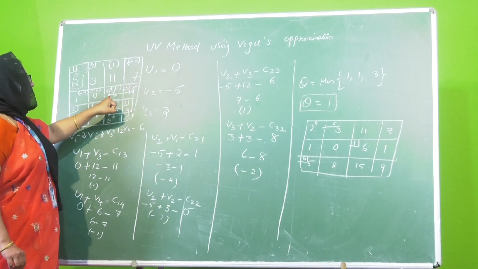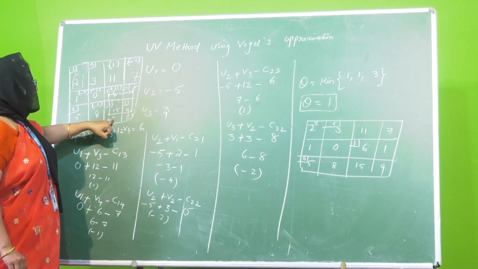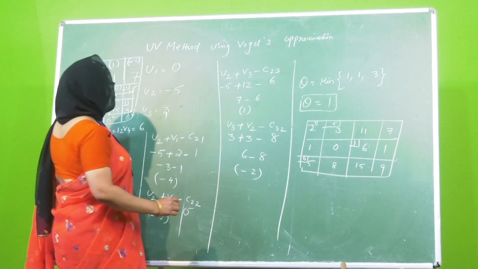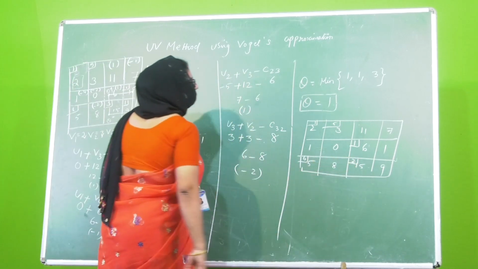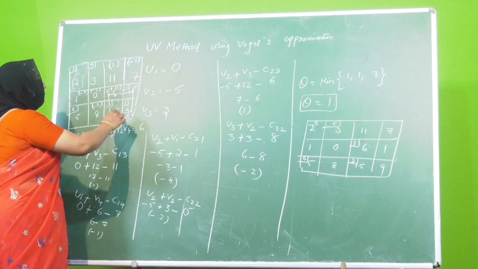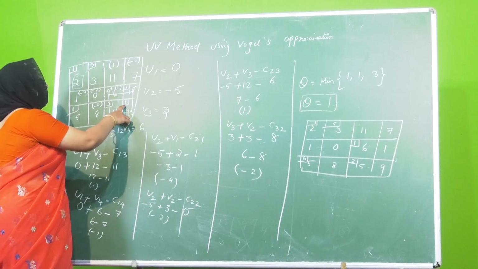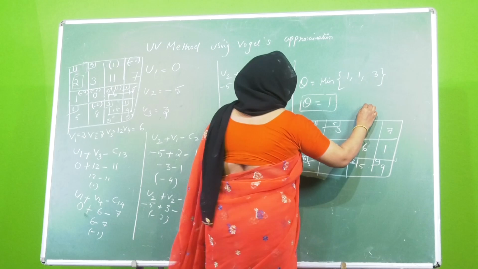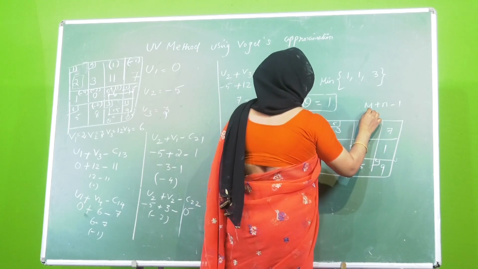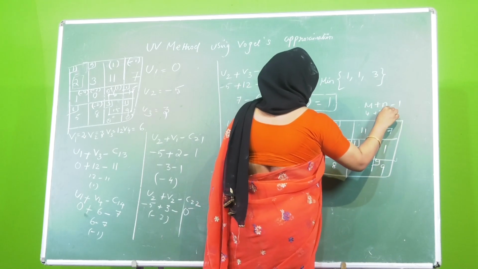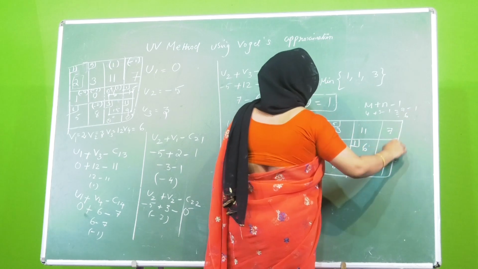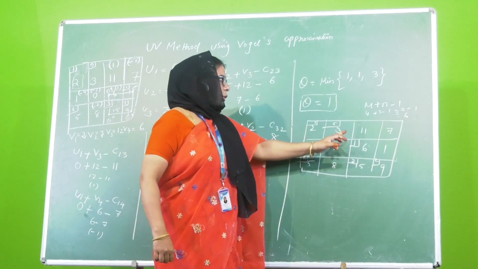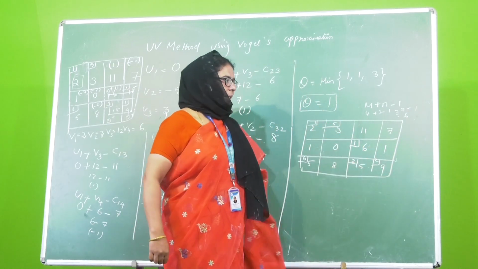The other original allocation is 3, that is theta minus: 3 minus 1 is 2. Another one is theta plus: 1 plus 1 is 2. How can we check? m plus n minus 1: 4 plus 3 minus 1, 7 minus 1, 6 original allocations: 1, 2, 3, 4, 5, 6.